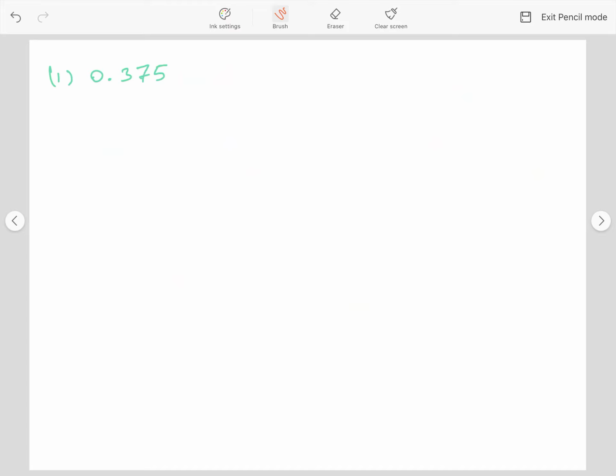So when we write this in the form of p by q, or we can say in fraction form, we can write it as 375 by 1000, or we can write it as 375 by 10 raised to the power 3.